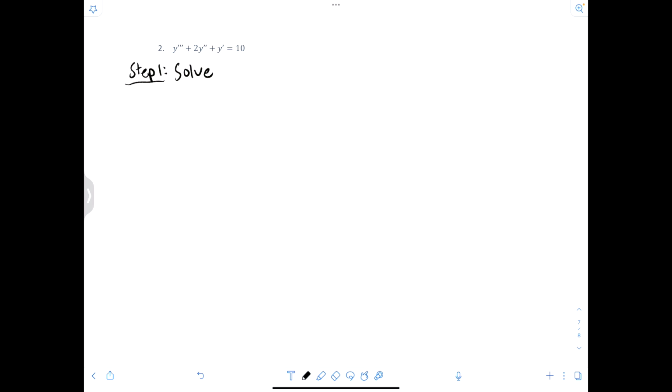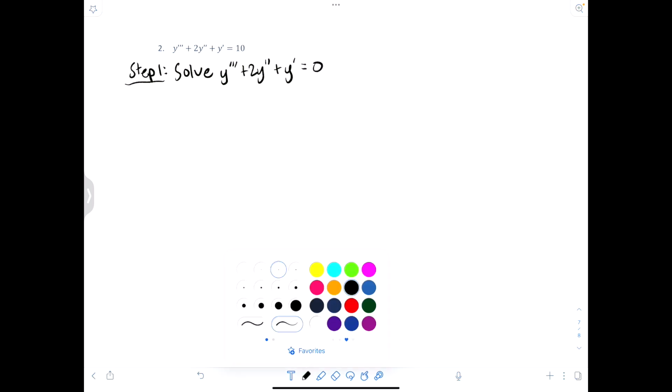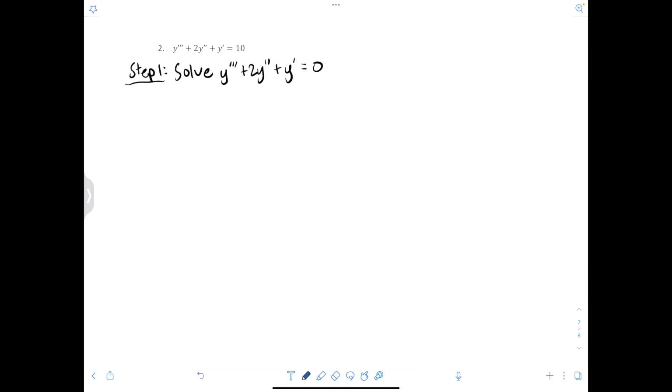So we want to solve y triple prime plus 2y double prime plus y prime equals 0. Using our groovy trick with the m's, we'll have m cubed plus 2m squared plus m equals 0.